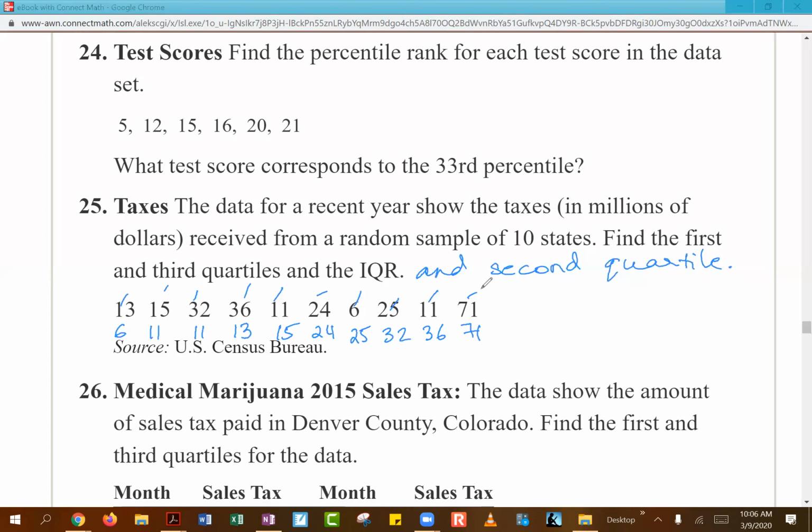So finding quartile 1, quartile 2, quartile 3, and the interquartile range.